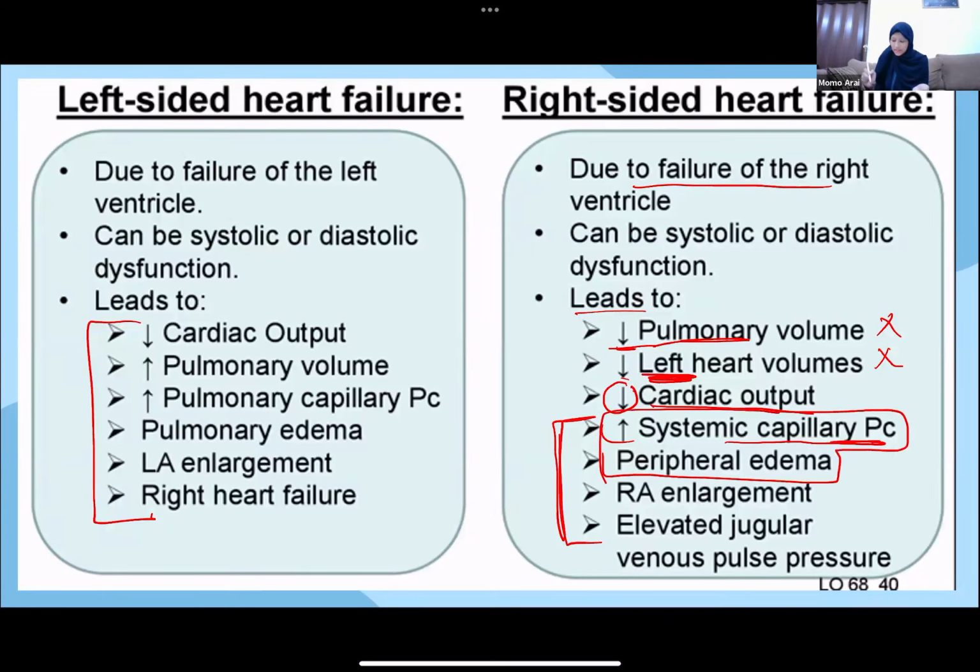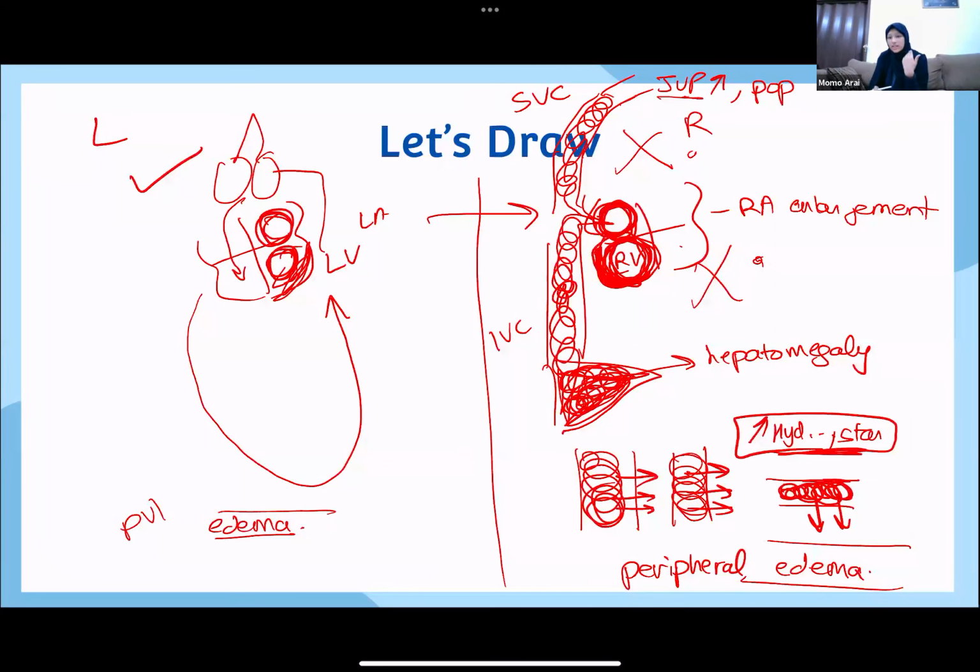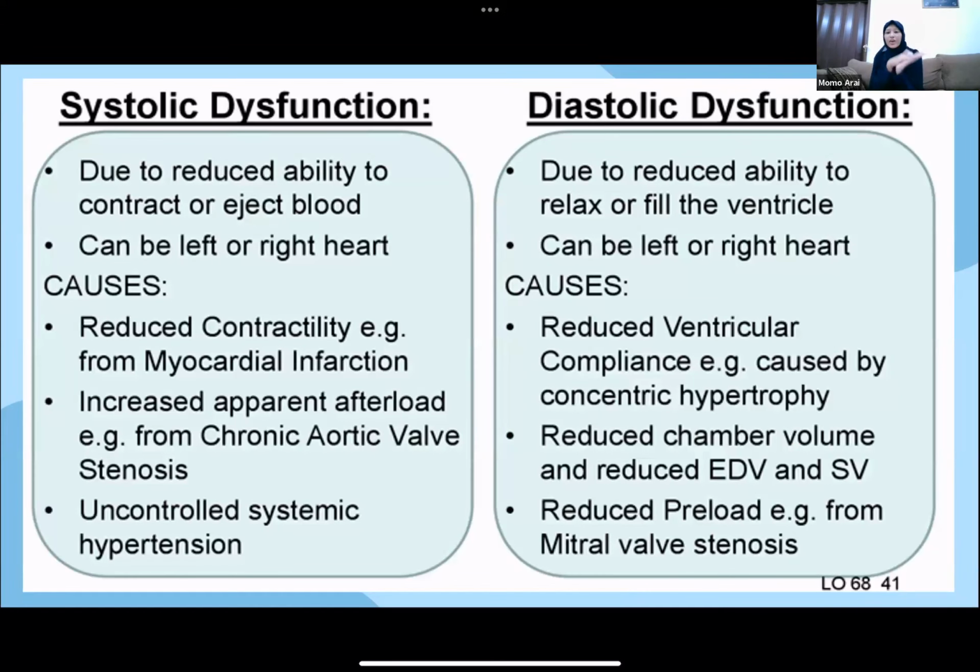So these are connected. Peripheral edema in the legs. You can also have right atrial enlargement, like we mentioned, because it pulls back. And then you can also have elevated JVP. JVP is jugular venous pressure, which is your vein in your neck. You can see it here. So it does increase with pressure because of backflow. I hope that was clear.